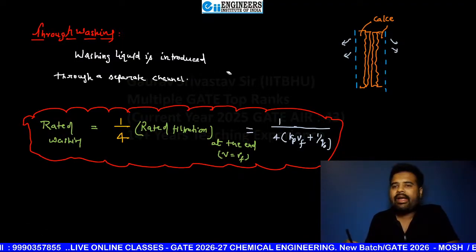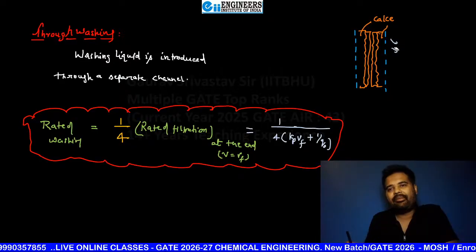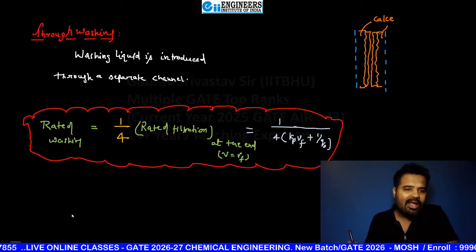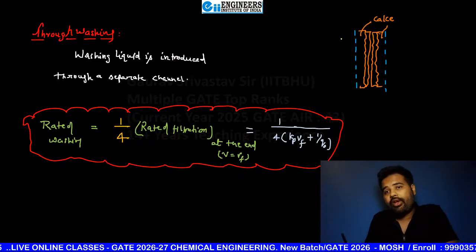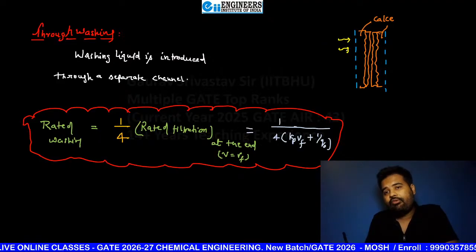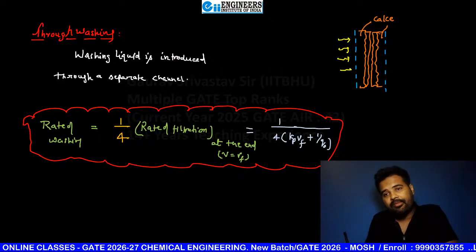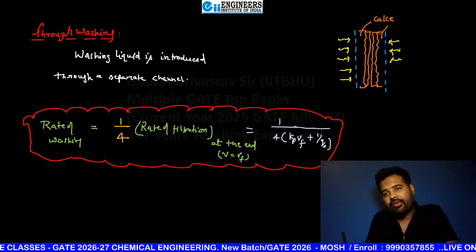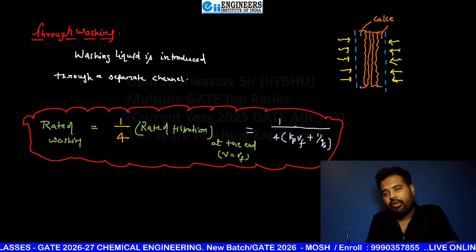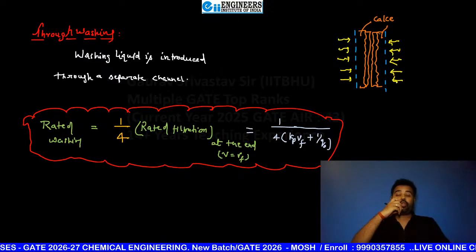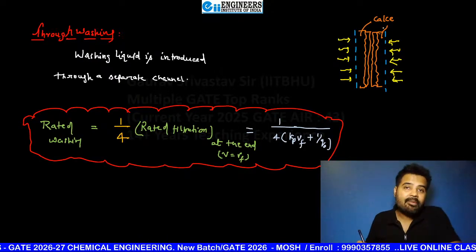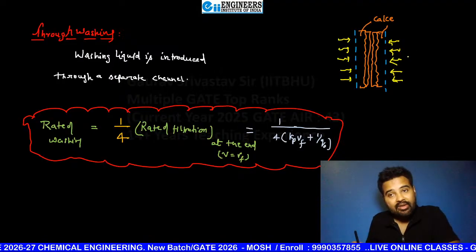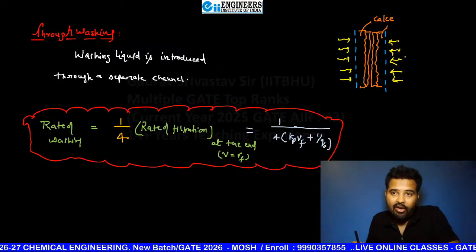Now it's time to clean it because it is jammed now. So what happens there? Now you are providing washing liquid from plates, from the pores that are present there. Now just focus here, beta. For a single frame, the wash water that you are going to use, half goes from this side, half from this side.